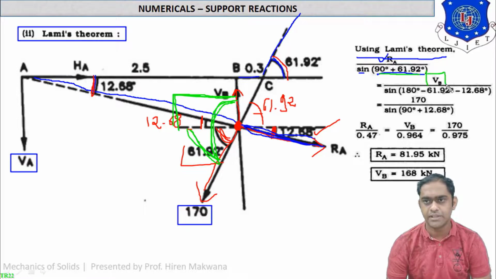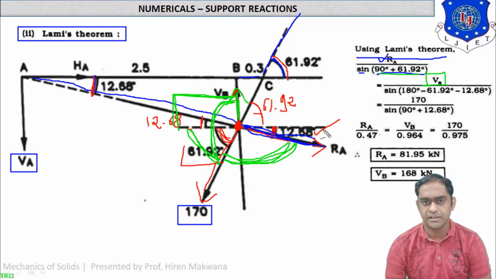Now the second step is for VB. While you are taking the vertical force VB, the opposite angle from RA to 170 is required. This angle will be 180, the total horizontal line angle, from which you subtract this 61.92 and this 12.68.